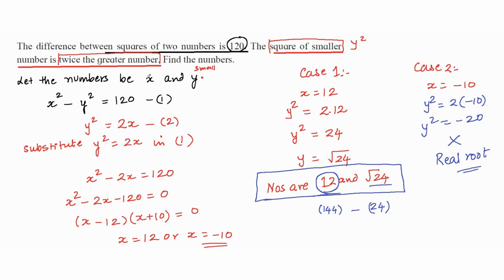So again, over here we saw that this was a unique problem, which was a mixture of simultaneous equations and quadratic equations.